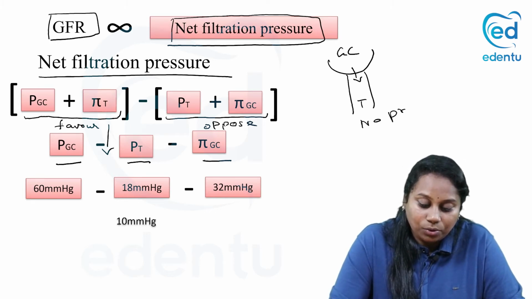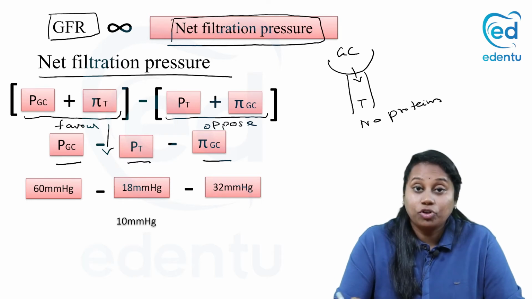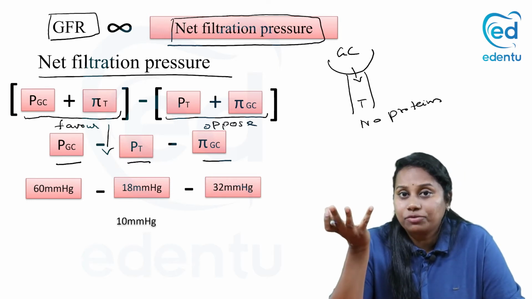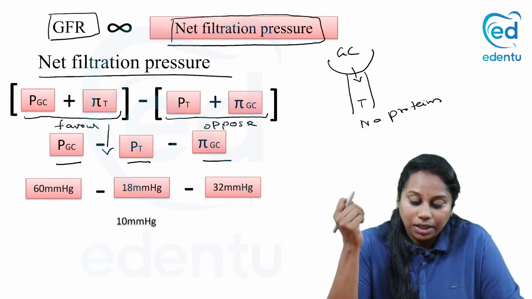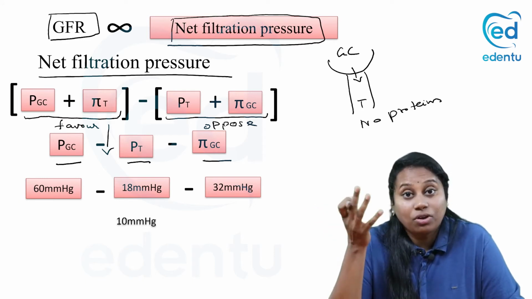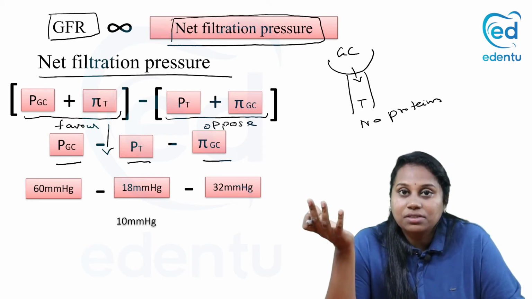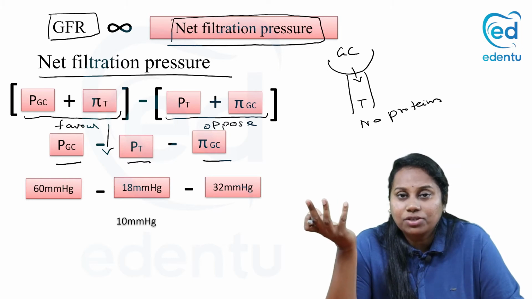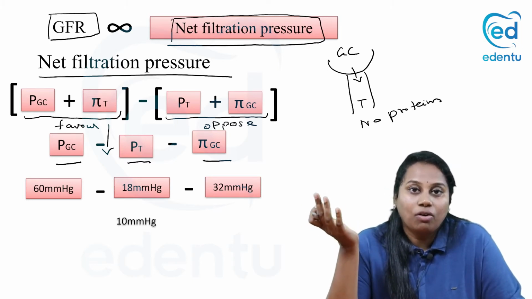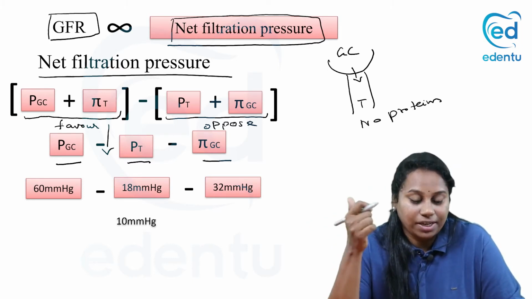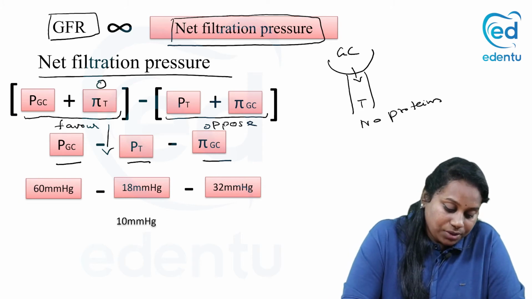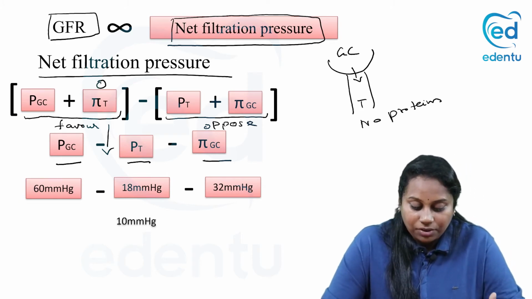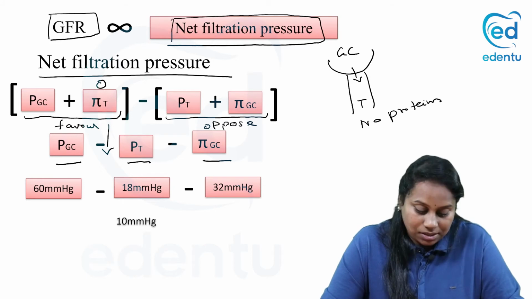Usually there are no proteins. If your glomerular basement membrane is good enough to filter, if you don't have any disease, it will not filter proteins. You will not have proteins. So if you don't have proteins in the tubule, will you have any oncotic pressure? No. So normally oncotic pressure pi T on the tubular side is 0. So this value is 0. So that's why we have omitted pi T in the next step.